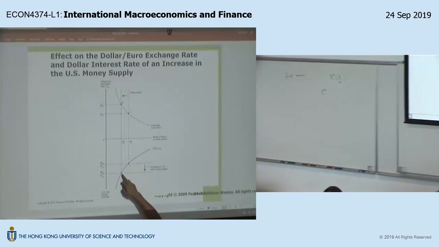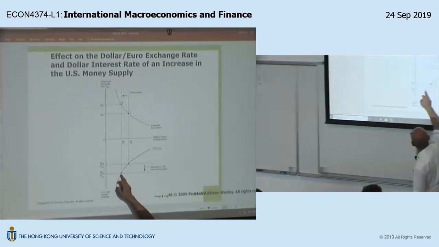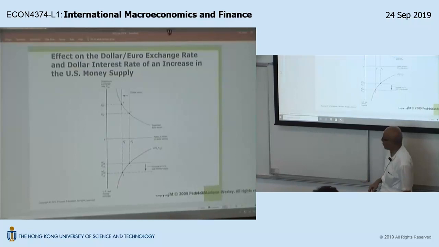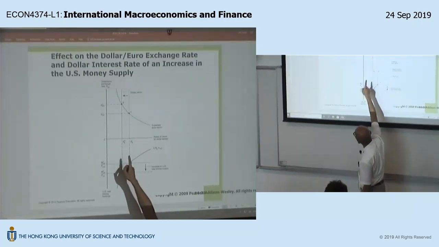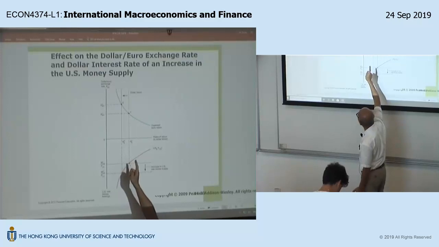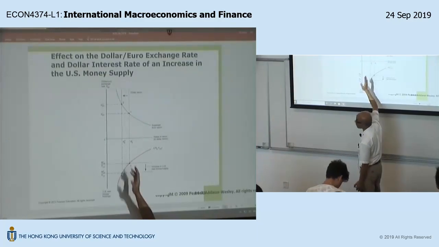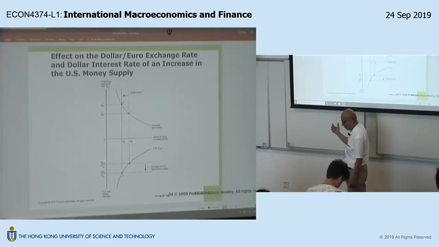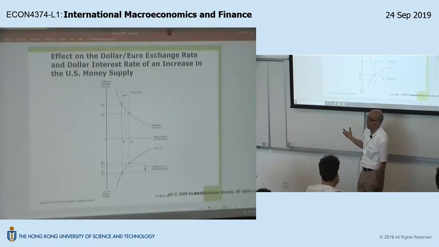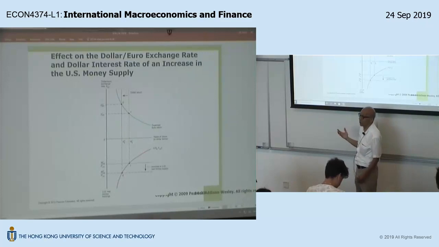When it shifts down, in the money market, it will lower the interest rate in the U.S. When it lowers the interest rate in the U.S., the uncovered interest parity condition says that the U.S. dollar is going to depreciate, because people will sell dollars and buy euros because the interest rate is lower, right?